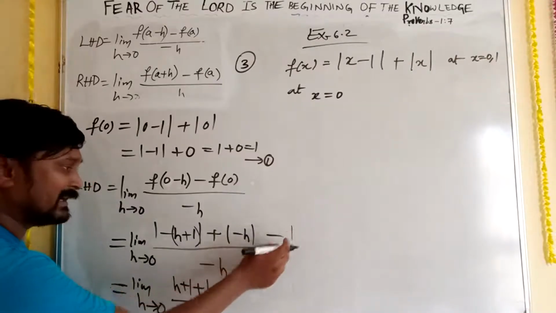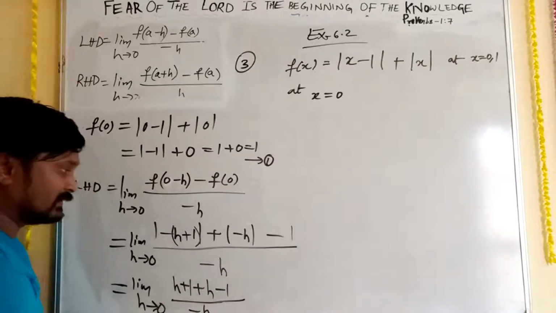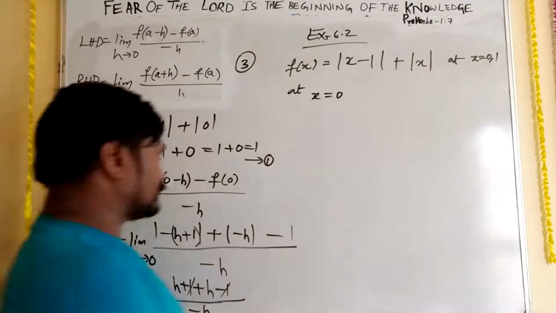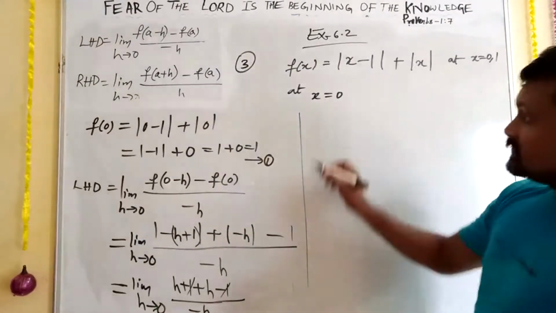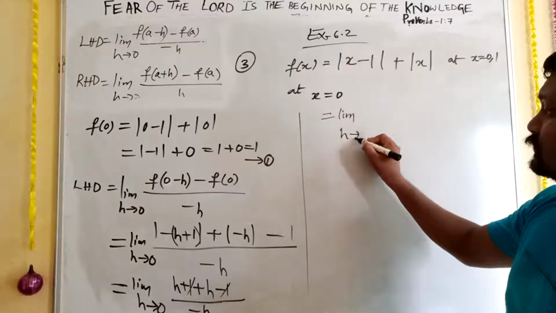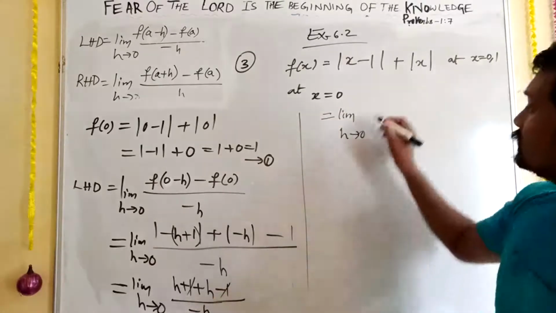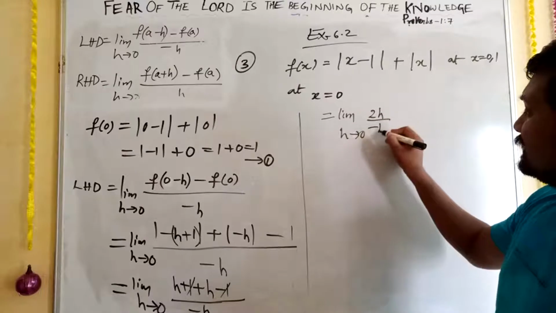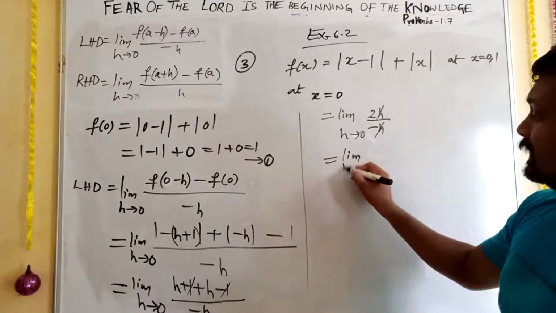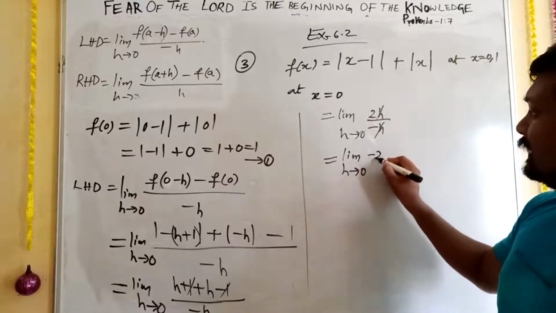And here minus 1 is there, write that. So now minus 1 plus 1 get cancelled. So what are you going to get here? This is equal to limit h tends to 0, 2h upon minus h. H gets cancelled. So limit h tends to 0, minus 2.